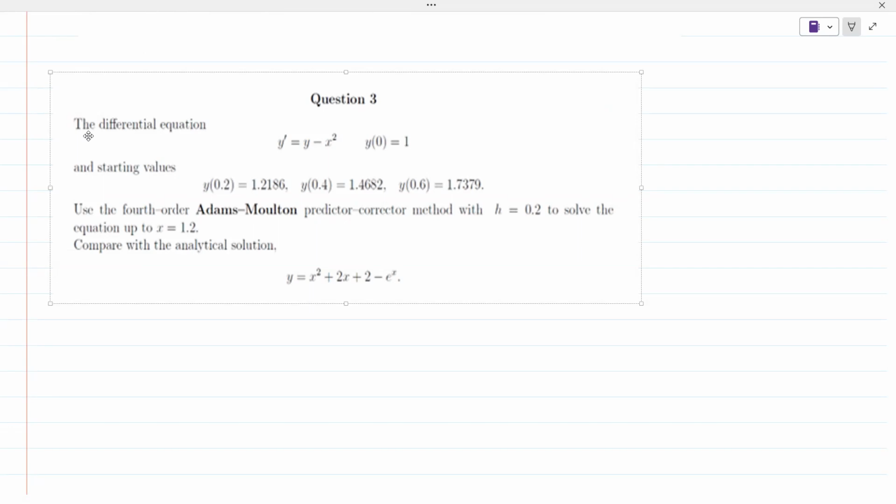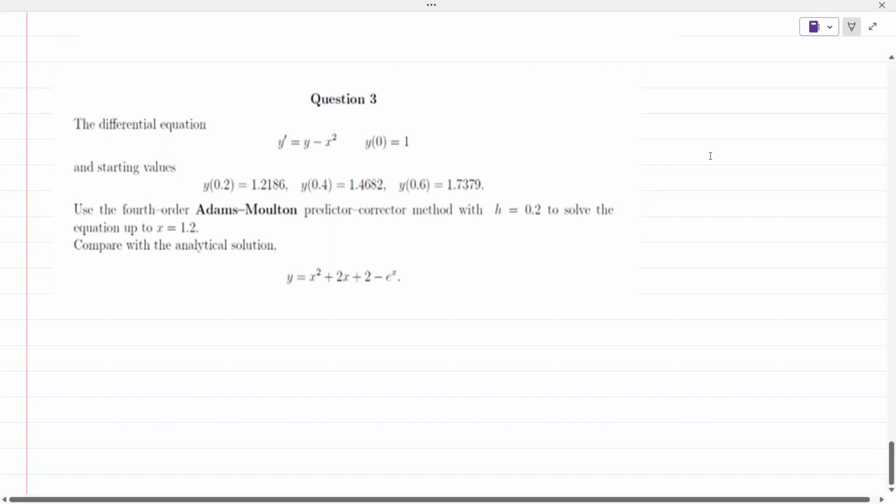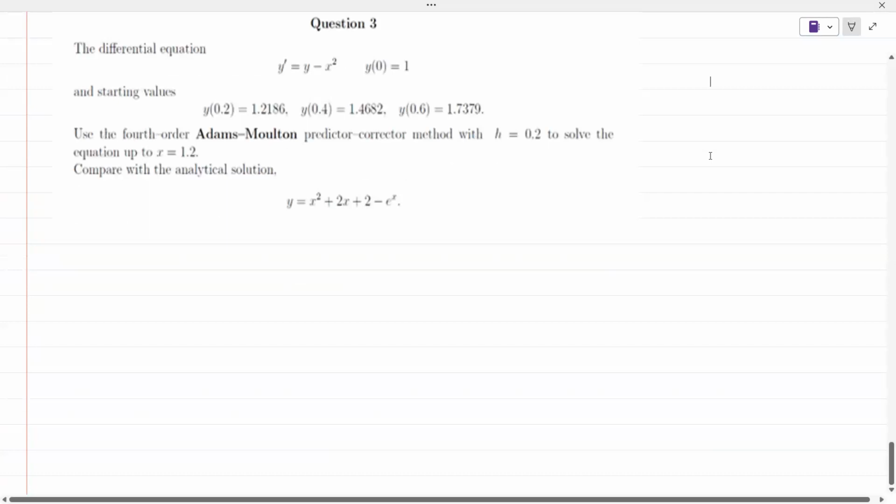For example, if one looks at this question, in the analytical solution and the computer algorithm associated with this, the differential equation that is given there is what?